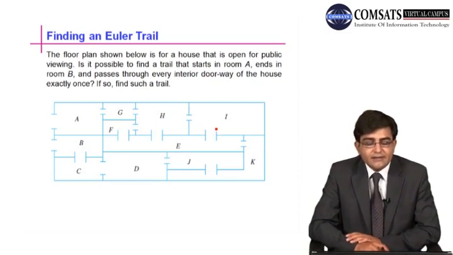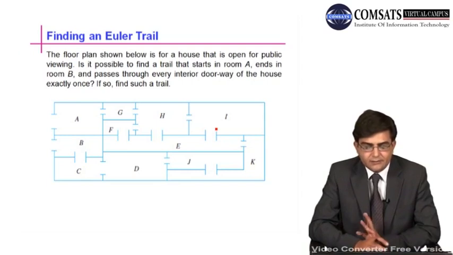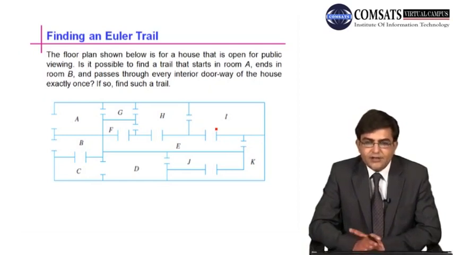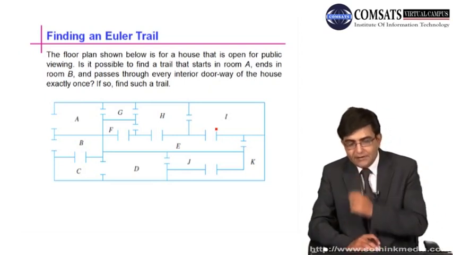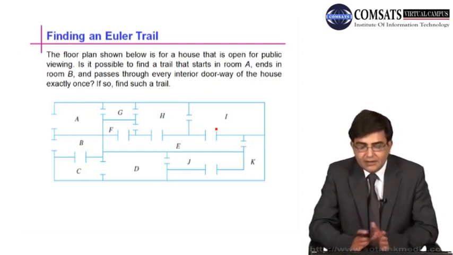Here is an example of a floor plan shown below for a house that is open for public viewing, for example a museum. In a museum there are different rooms, different sections, and the starting and ending point may be different just to avoid overload in the ways, so that the people can move easily.